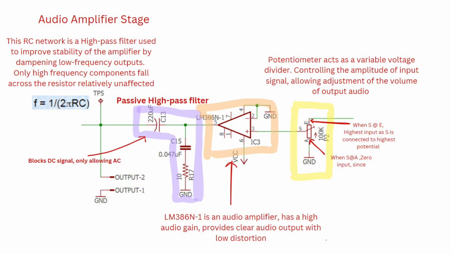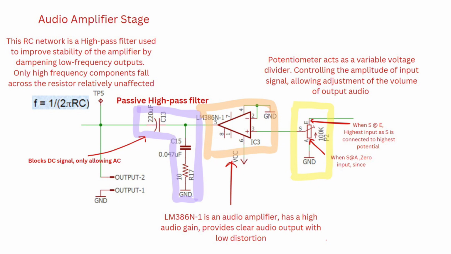And when S is connected to A, there is 0 input, since it's connected to the lower potential point, which is ground. The potentiometer acts as a variable voltage divider, controlling the amplitude of the input signal, allowing adjustments of volume for the output audio.